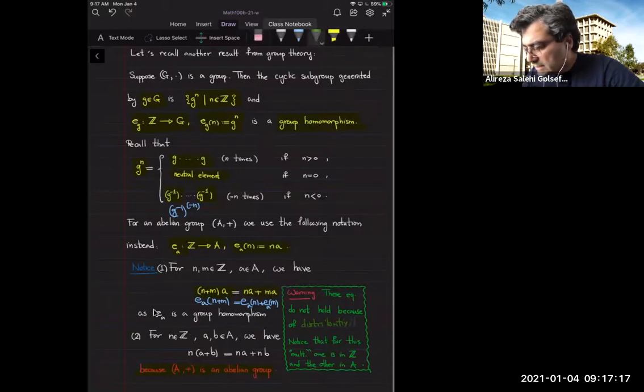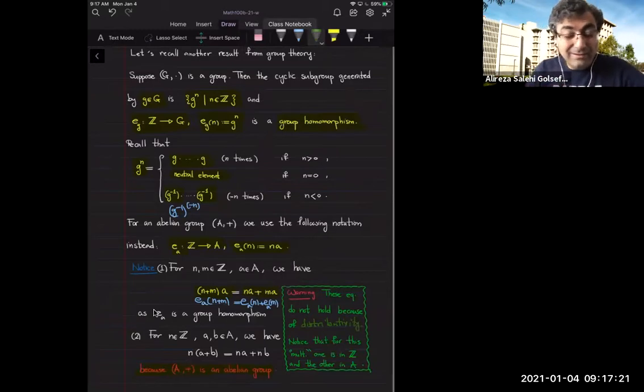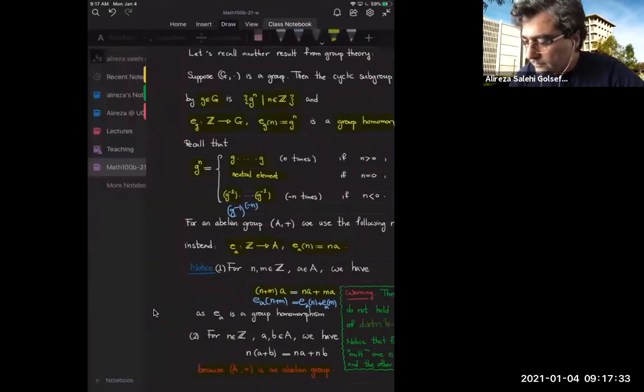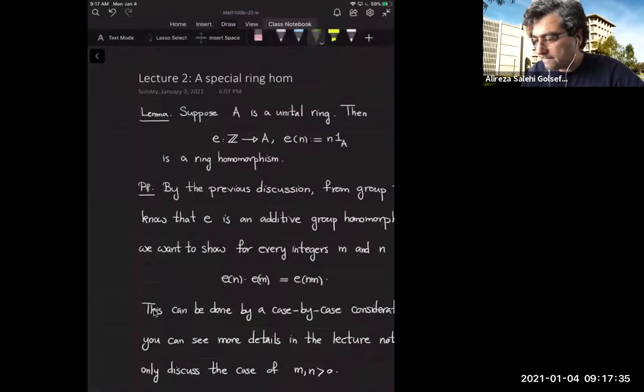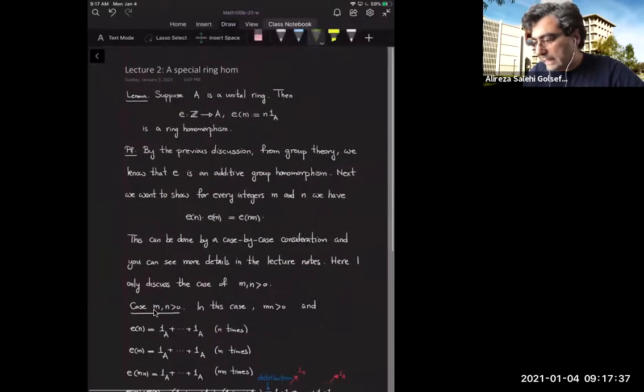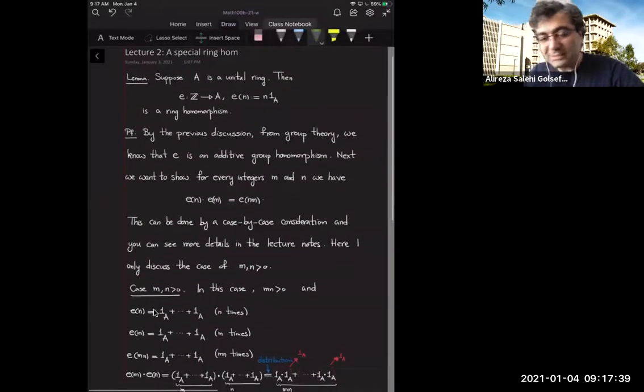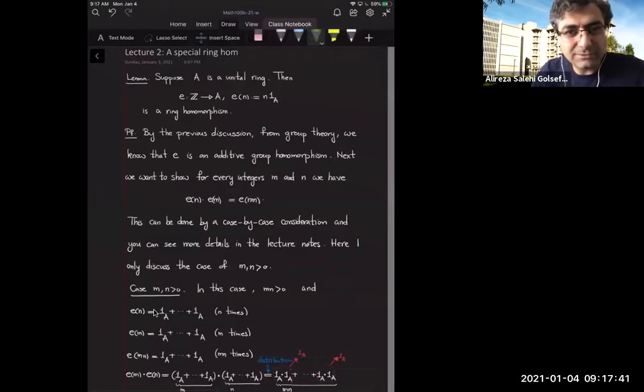So now we've seen these nice properties between integers and abelian groups. Now that we recall these properties from group theory, we've seen these things in the additive setting. Let's go back to ring theory. Using these properties, we can define a special ring homomorphism.